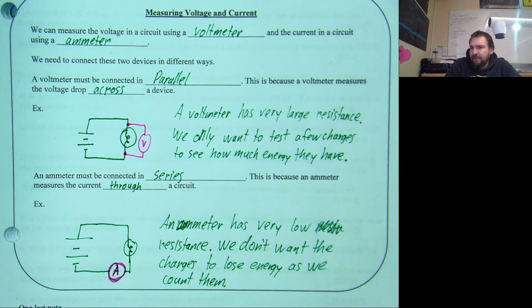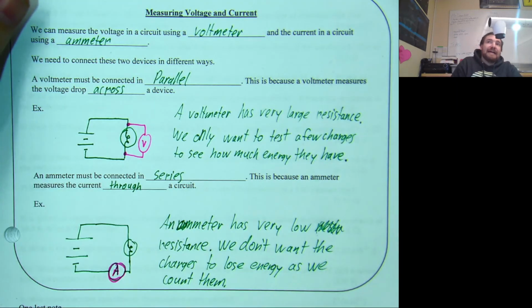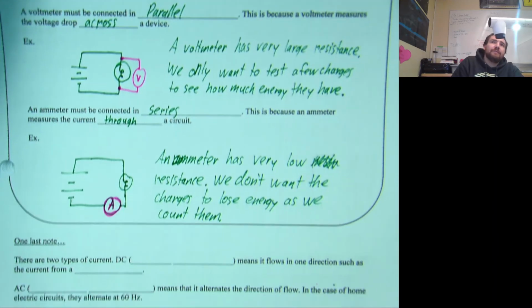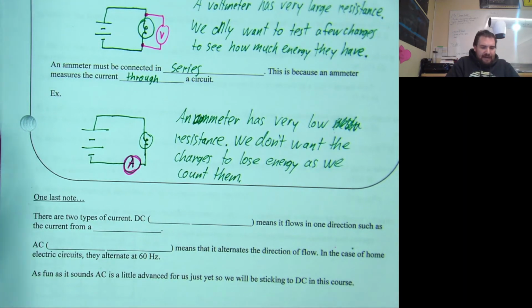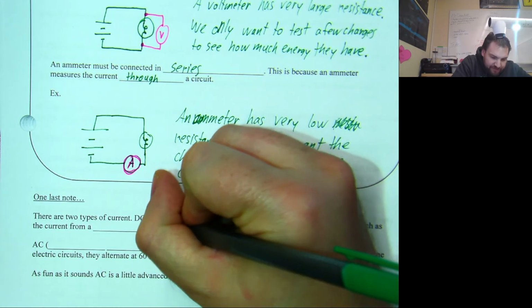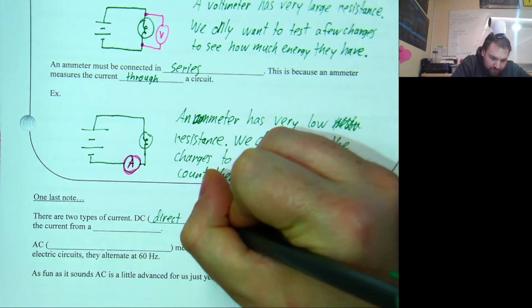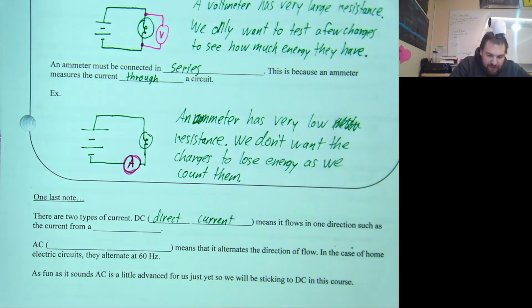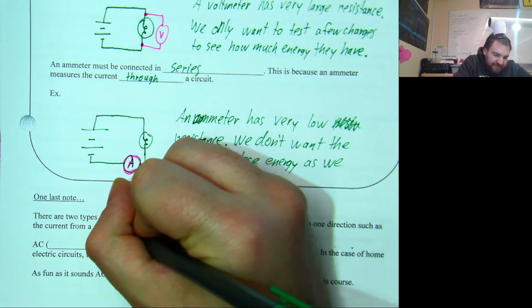And we've mentioned it before, so we're going to mention it again. The two different kinds of current. DC stands for direct current. Means it flows in one direction, such as current from a battery or a cell.